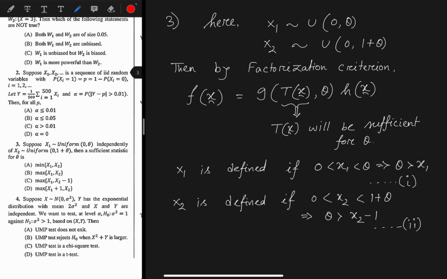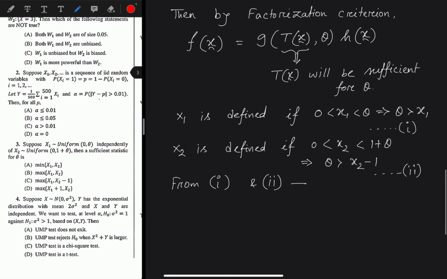Now from equation 1 and 2 we can say that theta is greater than the maximum of x1 and x2 minus 1.